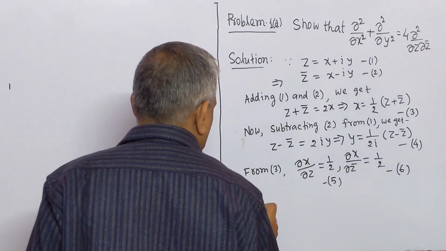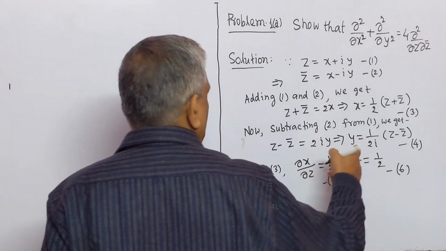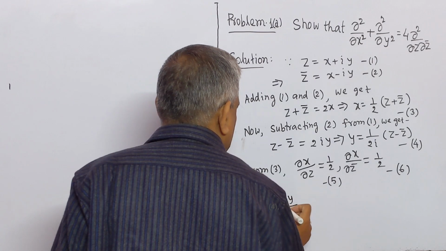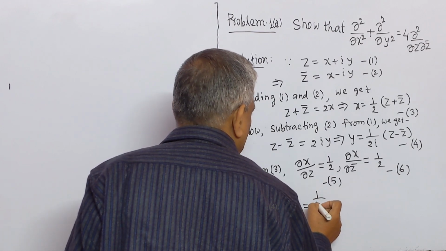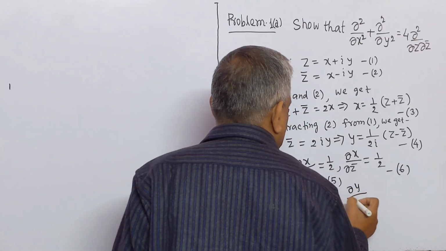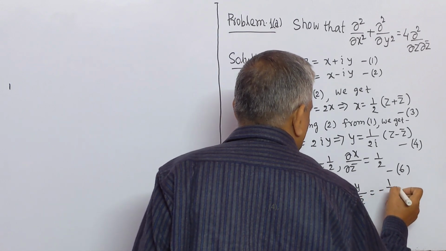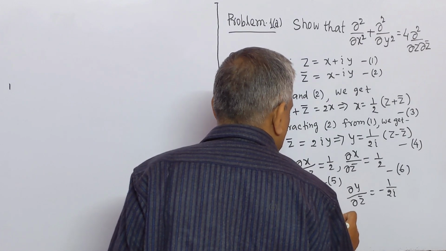From 4, partial derivative of y with respect to z equal to 1 by 2i, partial derivative of y with respect to z bar equal to minus 1 by 2i. This is 7, this is 8.